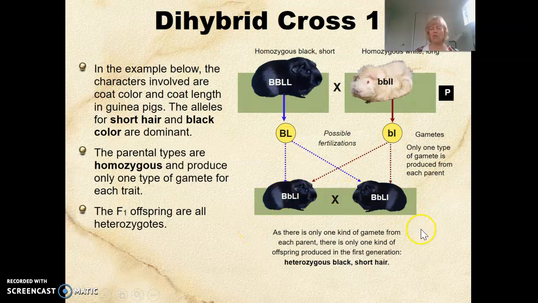So in our so-called F1 generation, all the offspring are heterozygous, and because we are looking at an inheritance pattern with complete dominance, where the dominant allele masks the recessive allele, both of these individuals show the dominant phenotype. So they're both black and they both have long hair.